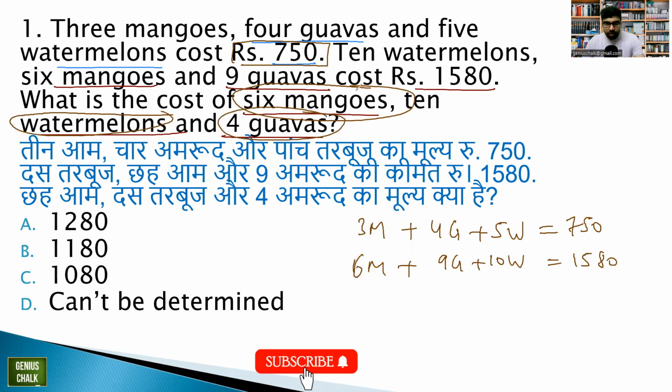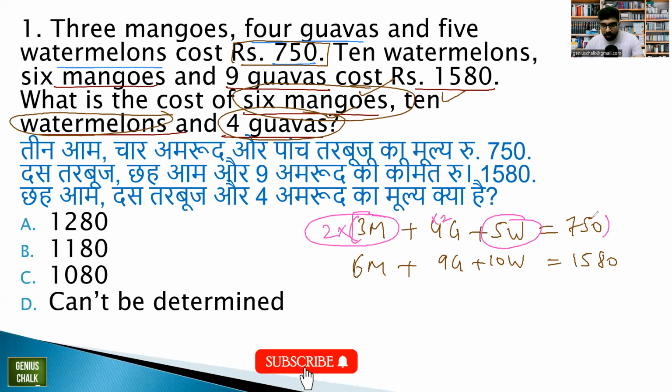Now you have to find the cost of 6 mangoes, 10 watermelons, and 4 guavas. Now, see very carefully. If you see the first and the second equation, what you will find is that if I multiply this first equation by 2, I will be having 6 mangoes, I will be having 10 watermelons, and this will become 8.